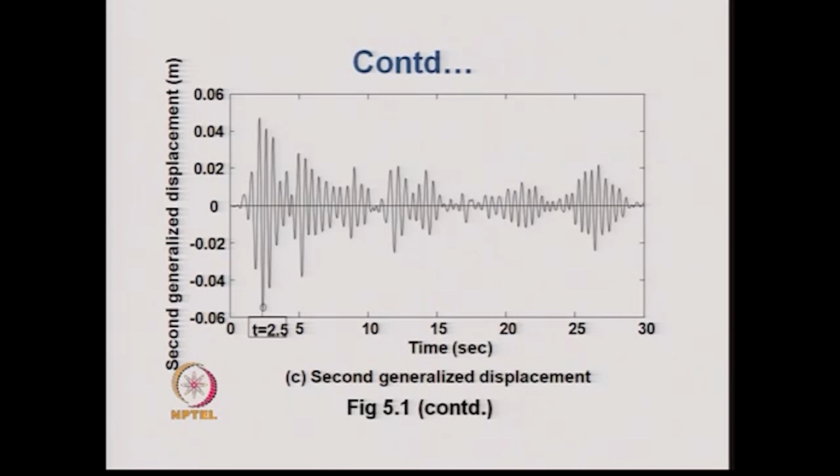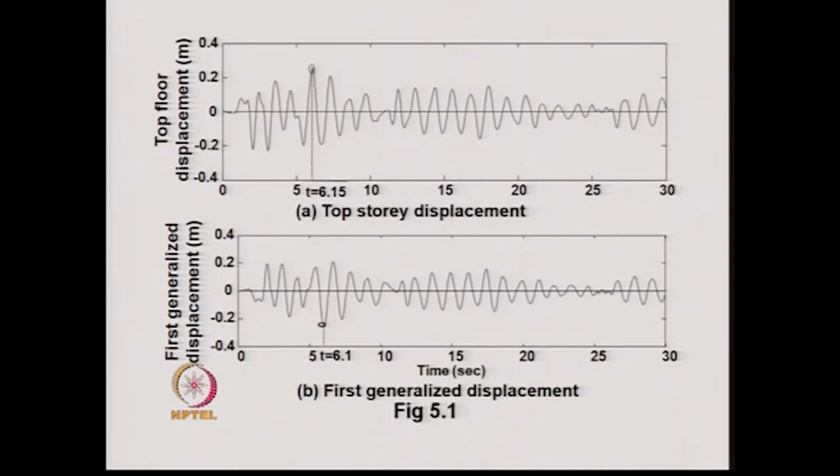Similarly, for the second generalized displacement, the time at which the maximum displacement occurs is 2.5. So, there is a difference between the times at which the maximum generalized displacement occurs in each mode of vibration, and the signs could also be different, sometimes plus and sometimes minus.